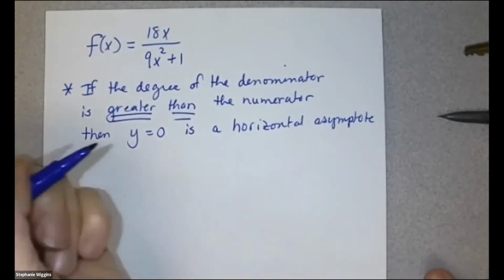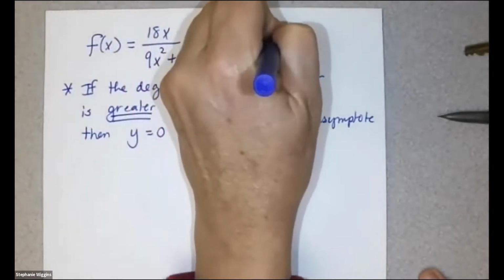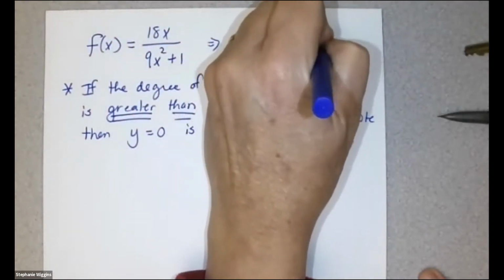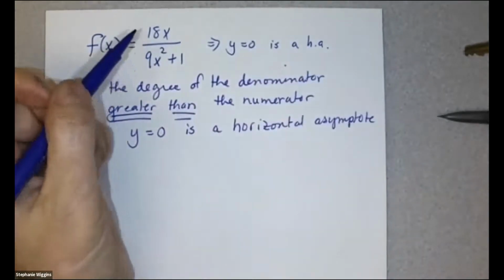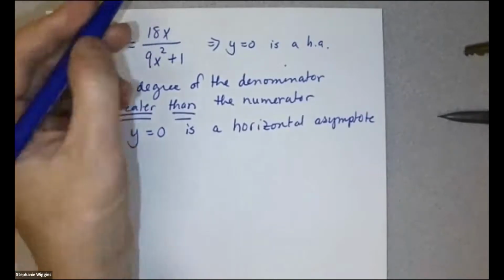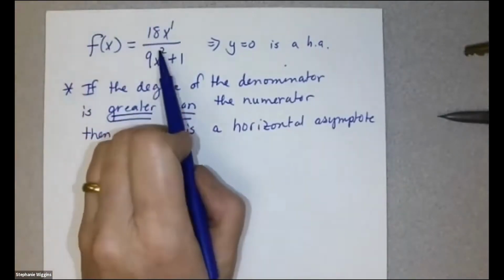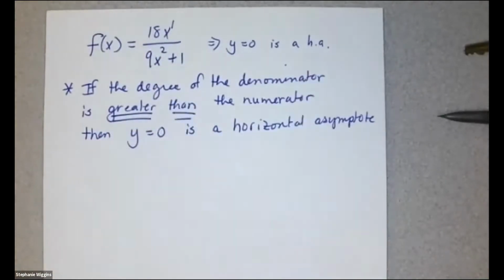Okay, so that's exactly what we have here. We have the degree of the denominator is 2. The degree of the numerator is 1. So 2 is greater than 1, and so y equals 0 is a horizontal asymptote.